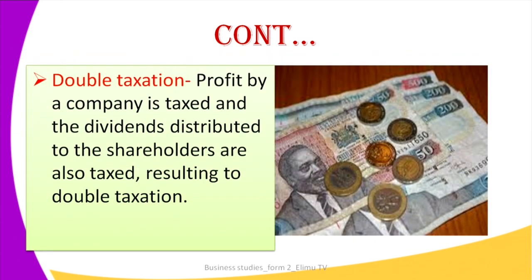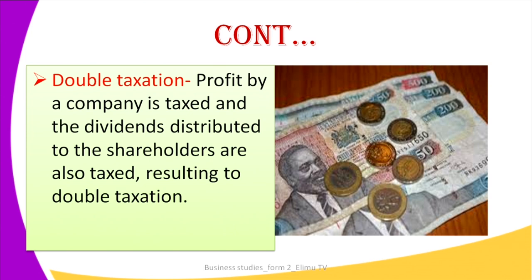We continue with its disadvantages, and the other one is double taxation. You find that a company has to announce the profit it has generated in a given year. That profit is taxed.